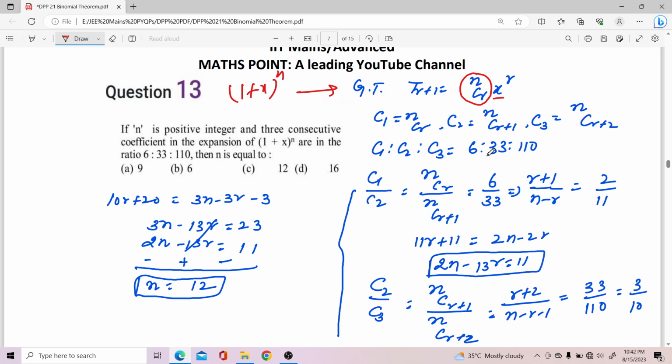And they are in the ratio like this. So what is c1 by c2? c1 is nothing but nCr, c2 is nothing but nC(r+1), so the ratio is 6 upon 33.